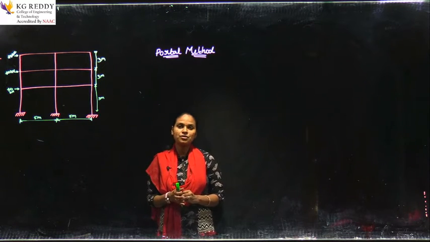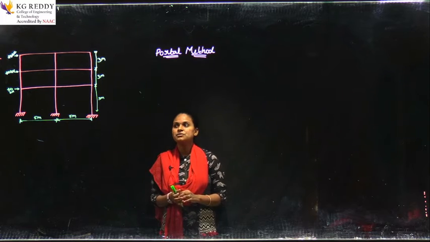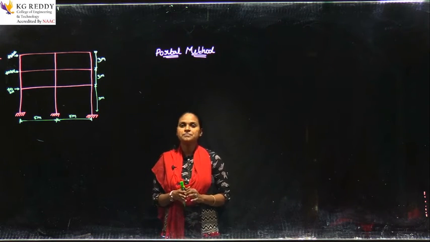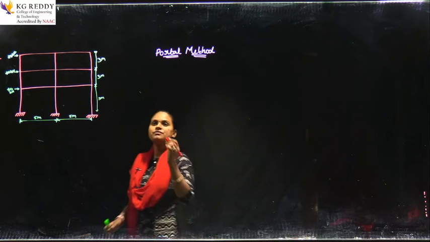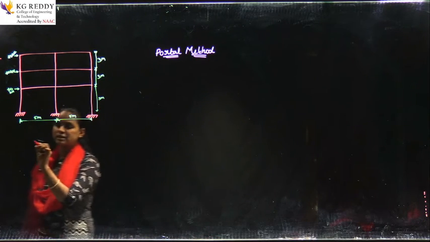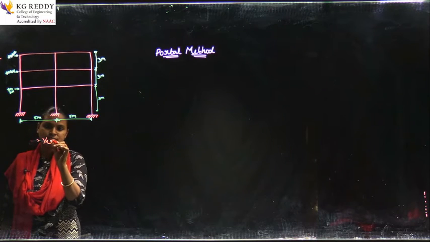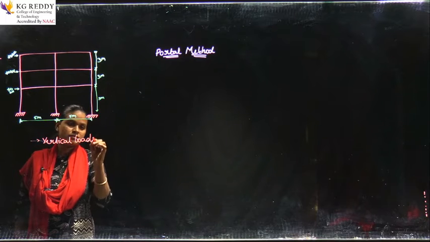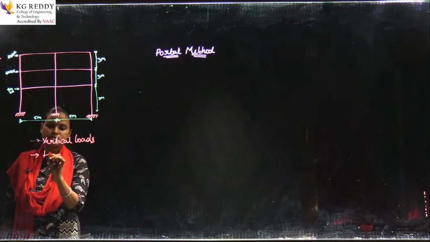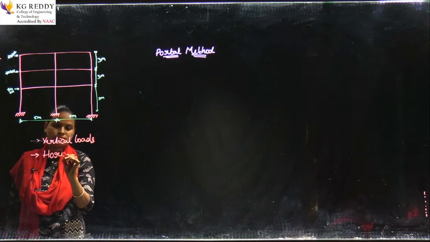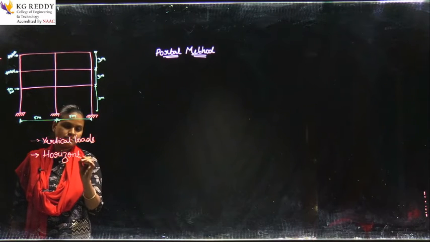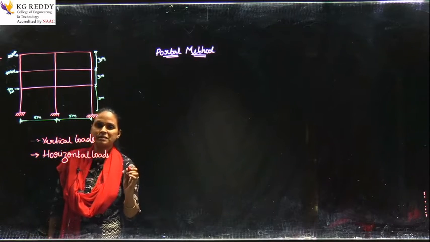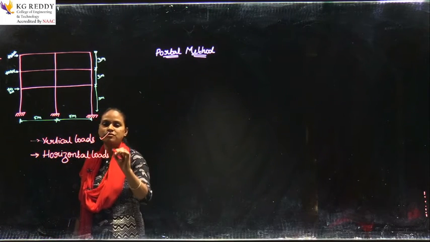So for analyzing a structure, you need different methods, right. In approximate method of analysis, we have two different loads: vertical loads and horizontal loads. So approximate method of analysis considers both of them.